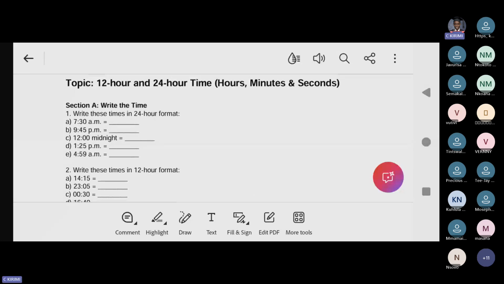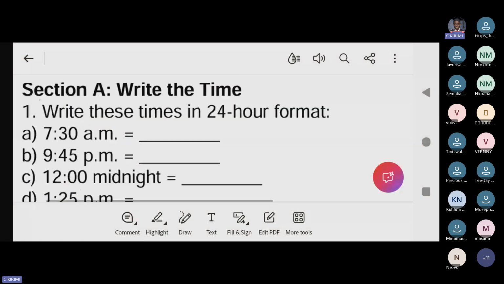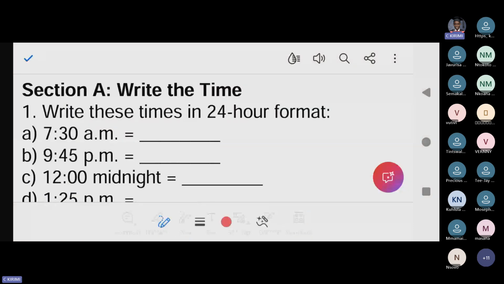So for time, we are just revising grade 5 and grade 6 time. In this case, we are given times and we write these times in 24-hour format. If you are given 7:30 a.m. and you are supposed to write the time in 24-hour format, a.m. means in the morning.